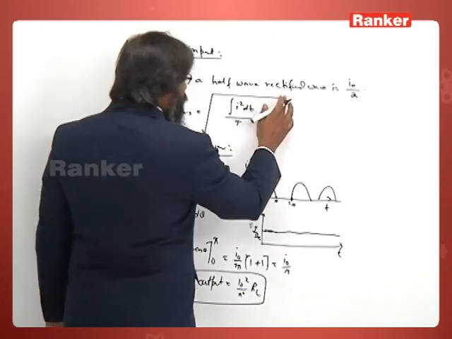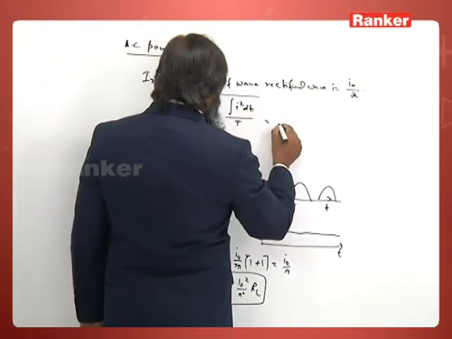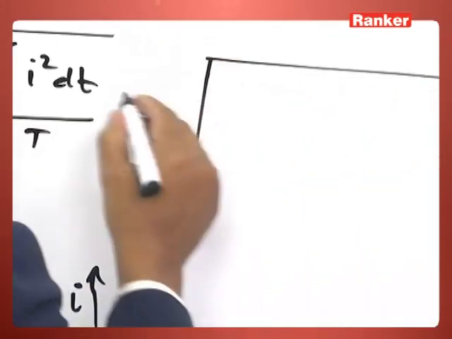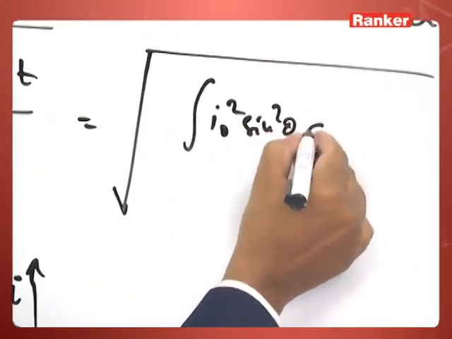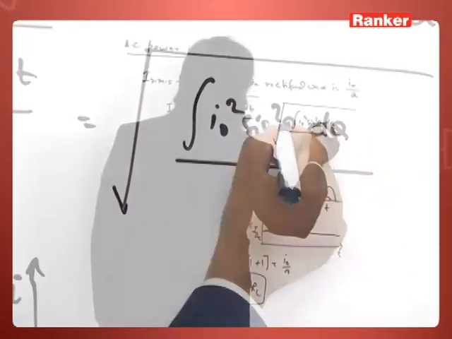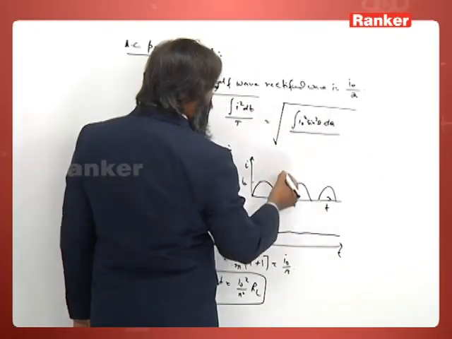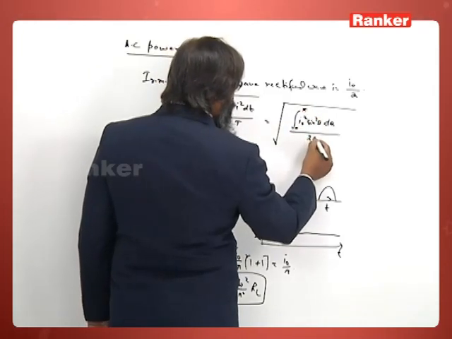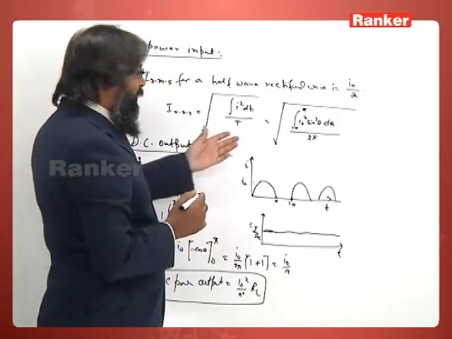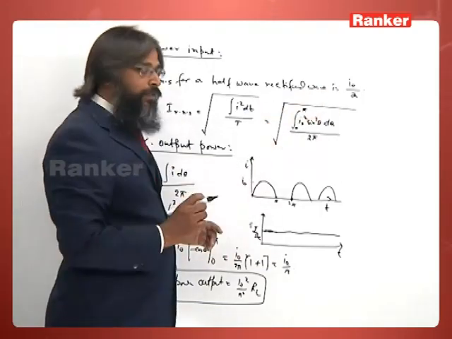It can be further written as root of the mean of I naught square sin square theta. If I write in terms of theta, then for only half wave theta varies from 0 to pi, otherwise 0 to 2 pi. Let us do it and see whether it comes out to be I naught by 2 or not.